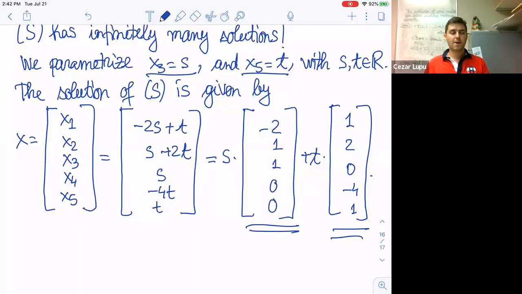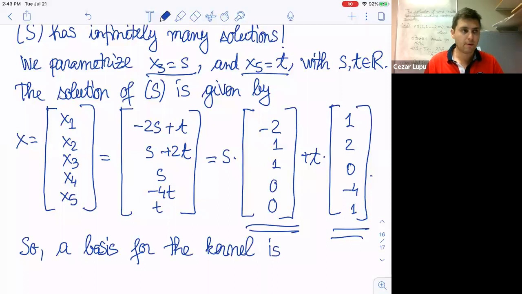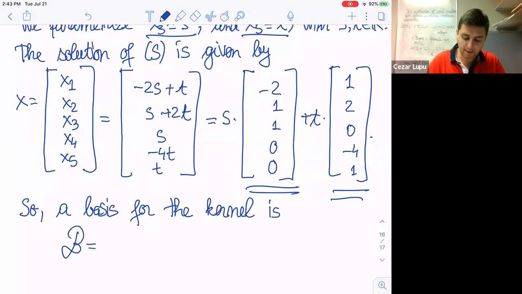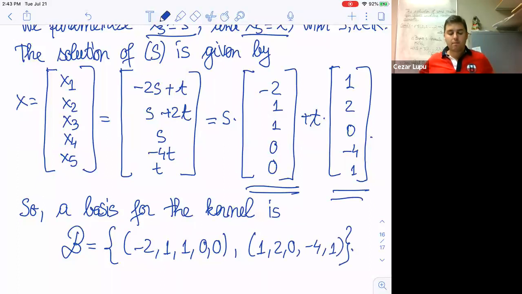So that's the kernel, right? A basis for the kernel is, let's say B, which will consist of these two vectors, and let's write them as row vectors. So it will be negative 2, 1, 1, 0, 0, and the second one will be 1, 2, 0, negative 4, and 1. Okay, that's it.